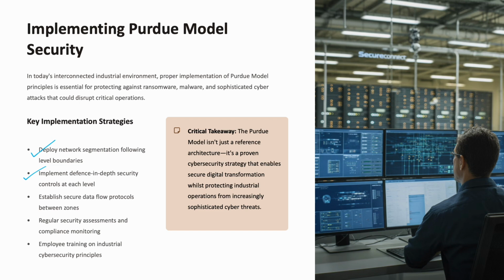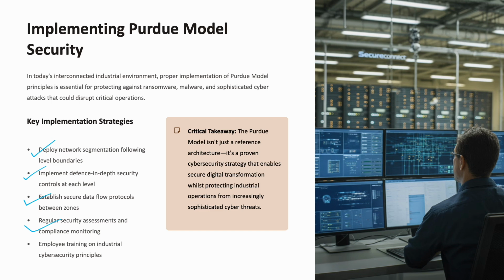Think firewall, intrusion detection, and access control tailored for every segment. Establish secure data flow control between zones to strictly manage and monitor any data that must cross boundaries. Conduct regular security assessment and compliance monitoring to catch vulnerabilities and ensure ongoing protection.